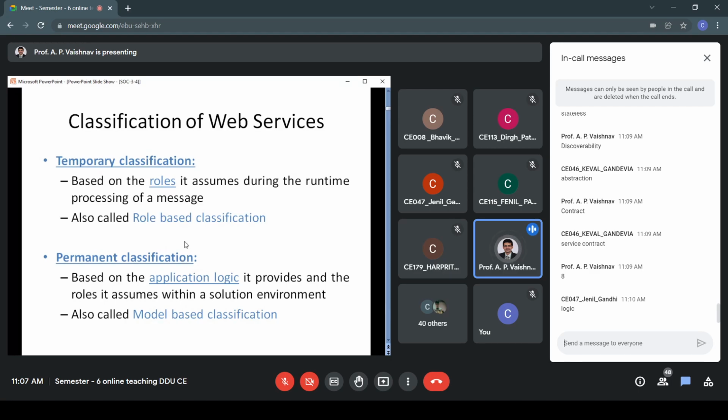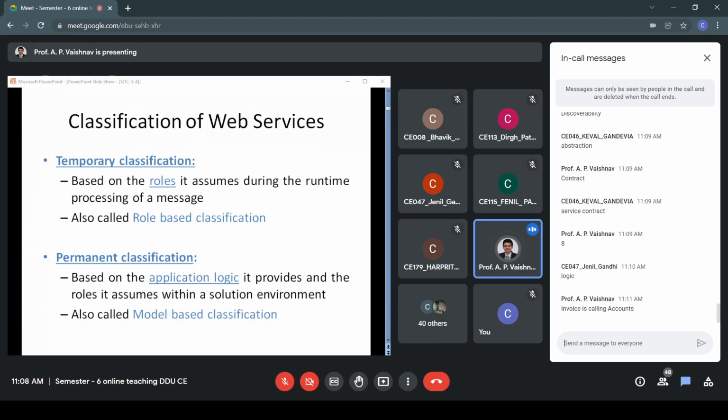So the first type is called temporary classification, or dividing the services according to roles. Fine. So, for example, if the invoice service is calling the account service, what do you think is the role of invoice in this scenario?